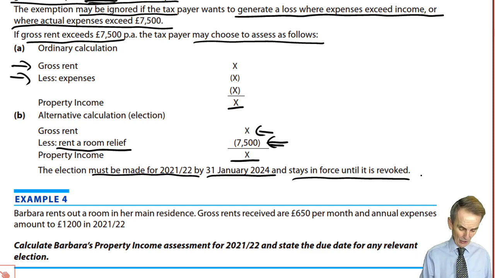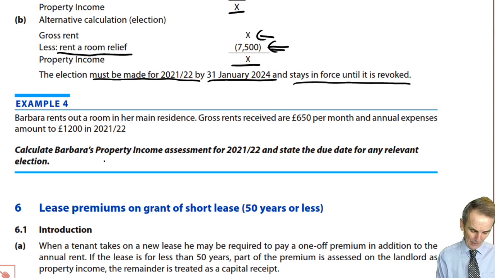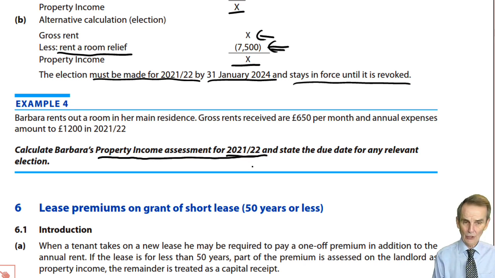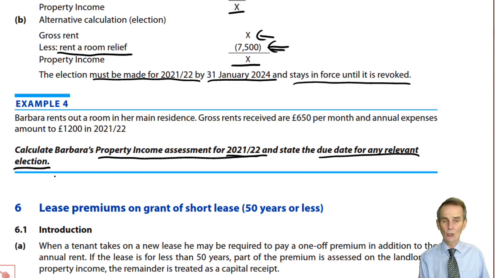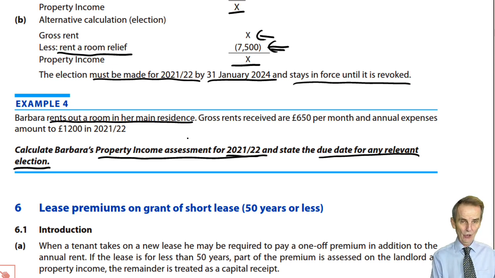We have a little example here, example 4, where this time back to very specifically looking at property income assessment, and again for our tax year 21-22, and to state the due date for any relevant election. Obviously, it is to do with this rent-a-room relief. Barbara rents out a room in her main residence.